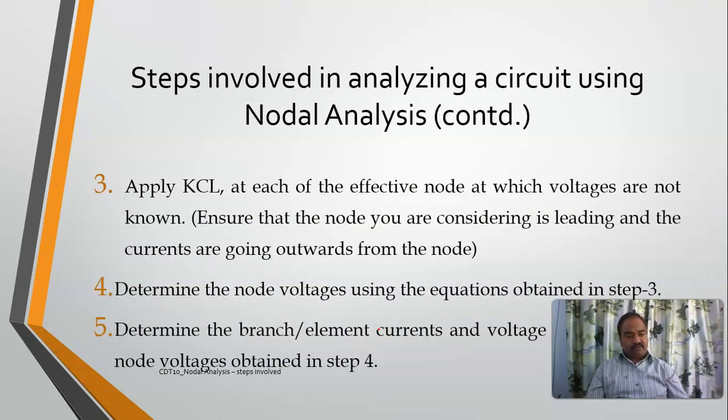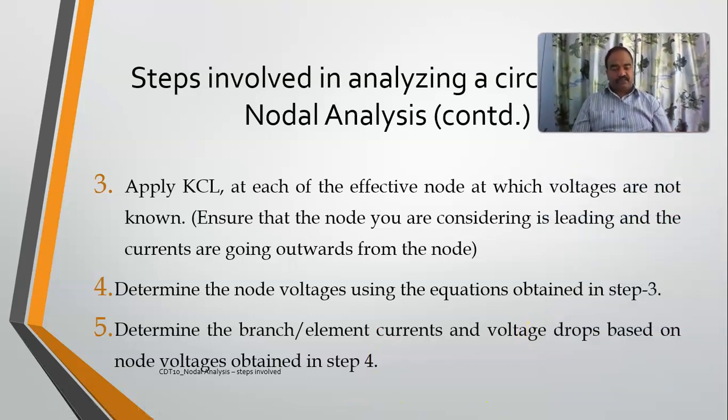Once this step is done, you apply KCL for each of these effective nodes. An effective node is one whose voltage is assigned, just like your V1, V2, etc. For those nodes, you are supposed to apply KCL.